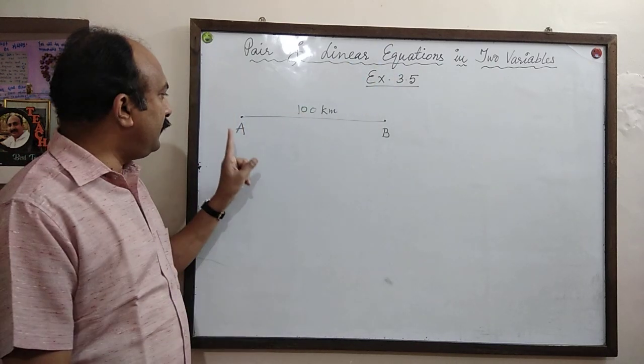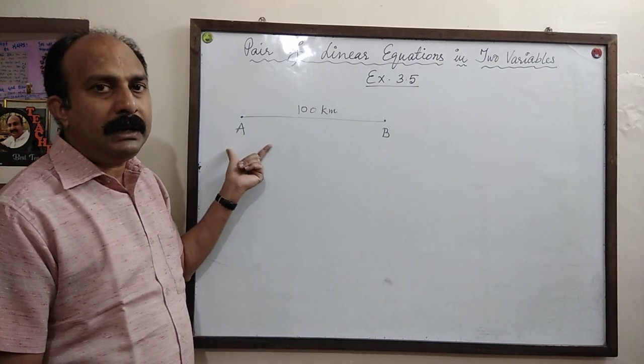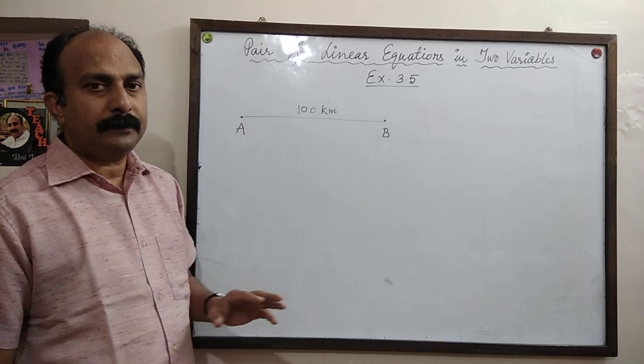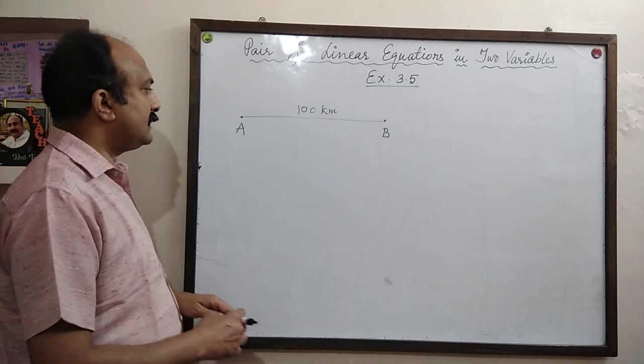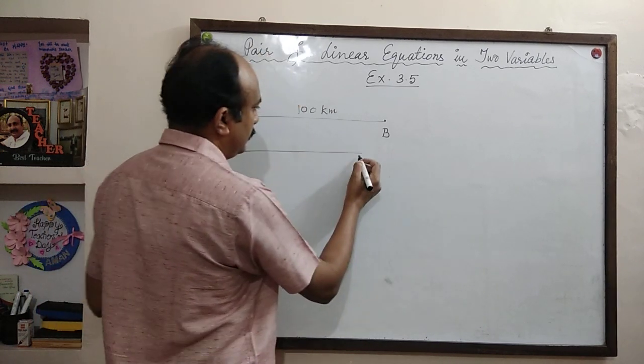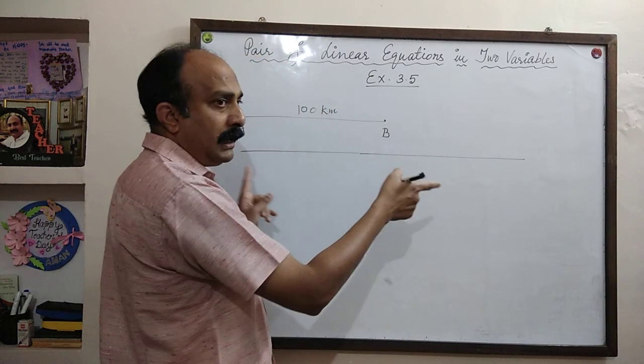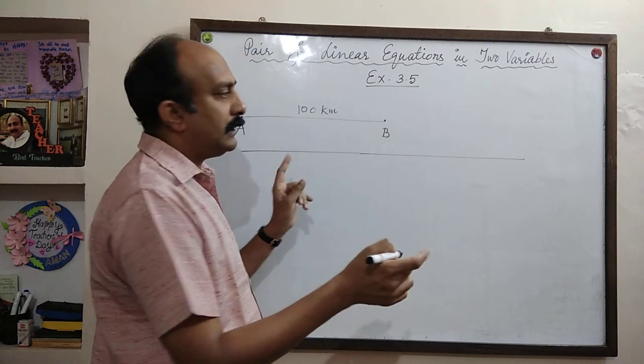After 5 hours, if car A catches car B, the speed of car A is more than that of car B. So, see, after traveling 5 hours, car A will catch up car B.